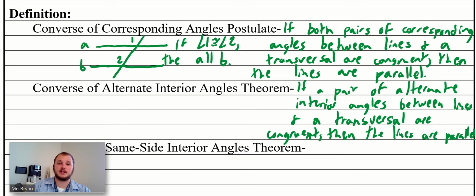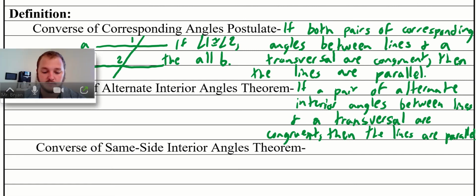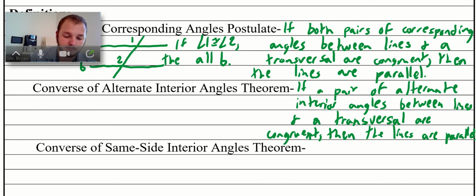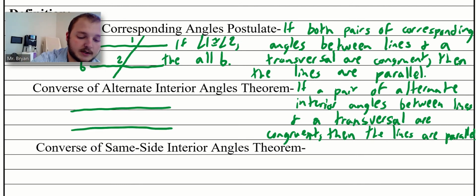Because it's possible for me to have a diagram like this where the two lines could look parallel, but if the angles don't match up with that, then those lines cannot be parallel unless I'm told that specifically. So again, if I want a diagram here, let's draw the same two lines, A and B, and notice I'm not adding anything on them, so I don't know whether these are parallel yet.